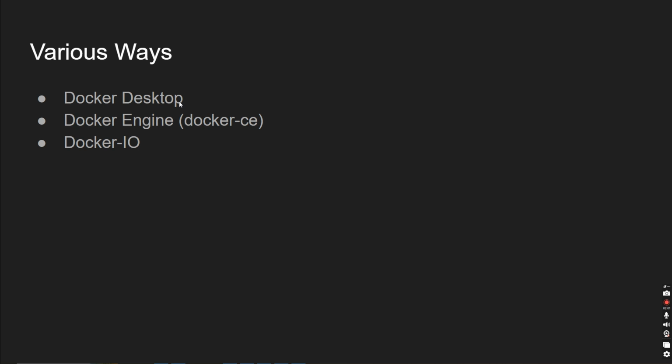Now we have Docker Engine and docker.io. docker.io is basically again a container runtime and container management framework, provided by Debian. From an end user point of view, Docker Engine and docker.io look similar because the commands are similar. There can be minor variations, but the majority of the commands are the same, and the purpose is also the same, whether you are building images or deploying containers.